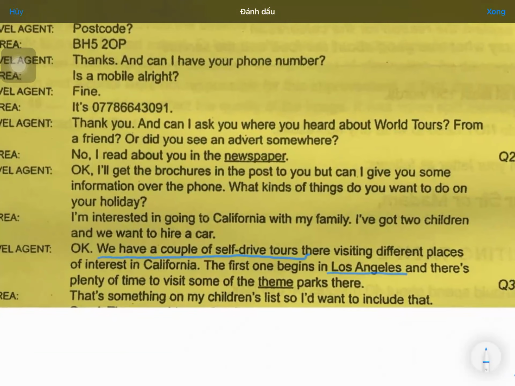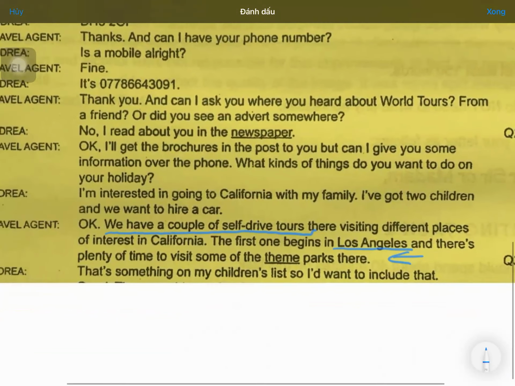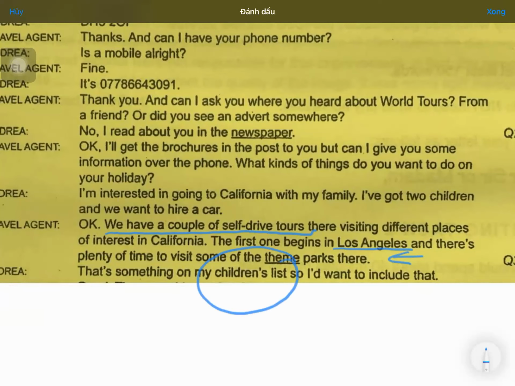And there's plenty of time to visit some of the theme parks here. Now let's listen to whether or not the lady wants that. The lady said, there's something on my children's list, so I want to include that. The man suggested theme parks, and the lady said that she wanted to include that. So theme parks. Thank you.